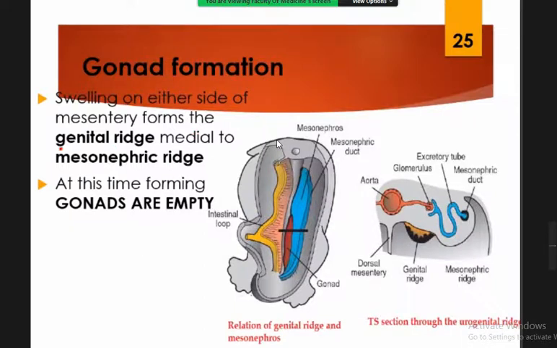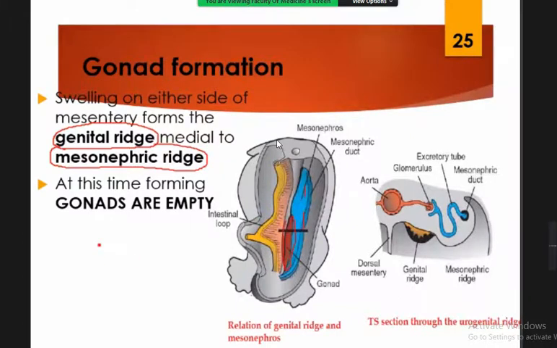The genital ridge is contributing to the formation of the genital system, and this lies medial to the nephrogenic ridge or the nephric ridge. So what we are seeing here, this is brown, is the genital ridge, and it's lying medial to the mesonephric ridge.